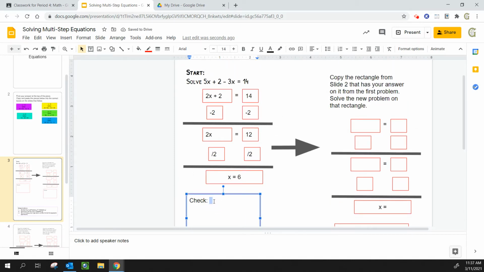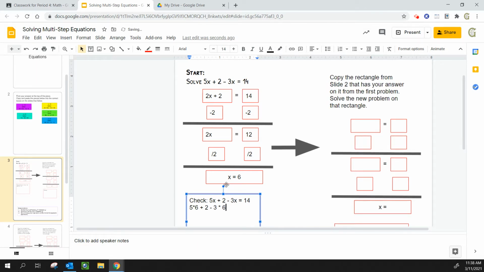So doing the check, I'm going to start with the original problem. So 5x plus 2 minus 3x equals 14. Then anywhere there's an x, I'm going to put 6 instead. So 5 times, instead of x, we'll put 6 plus 2 minus 3 times, again, 6, right?